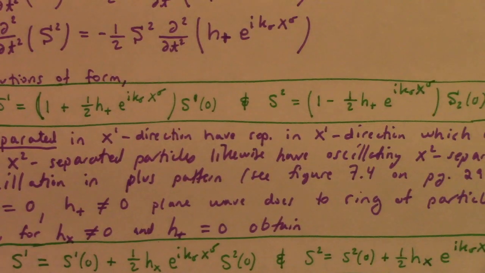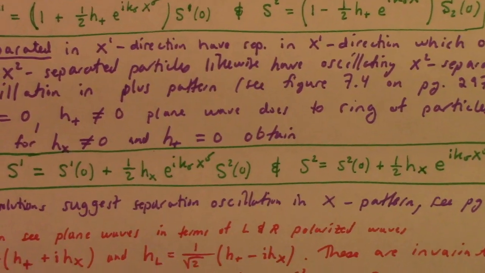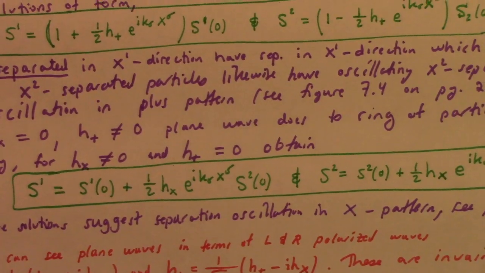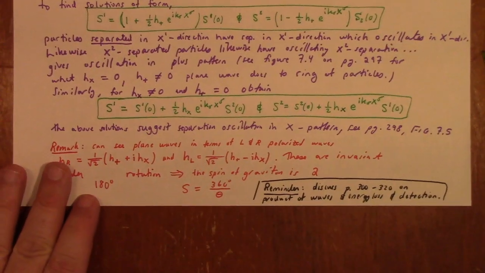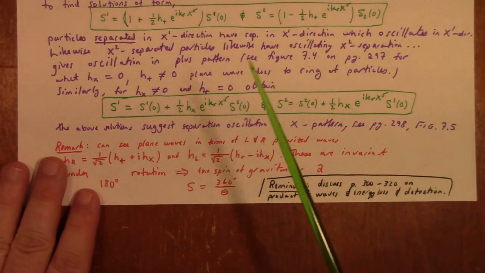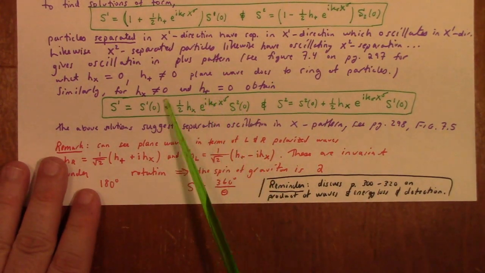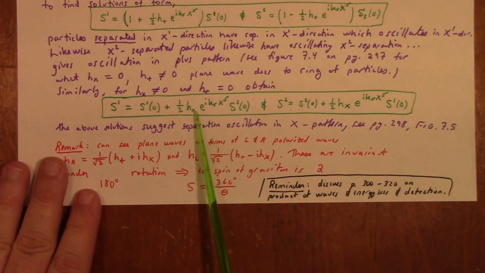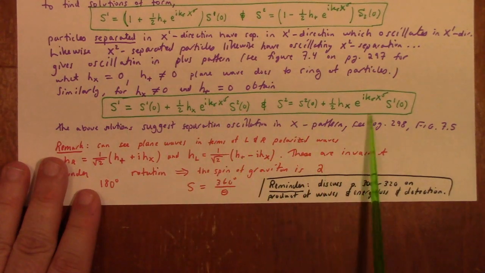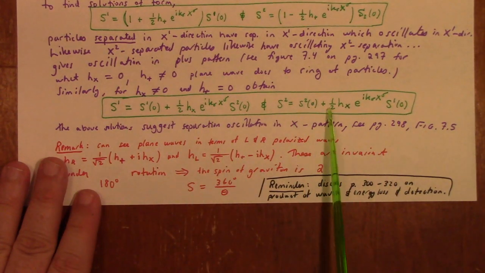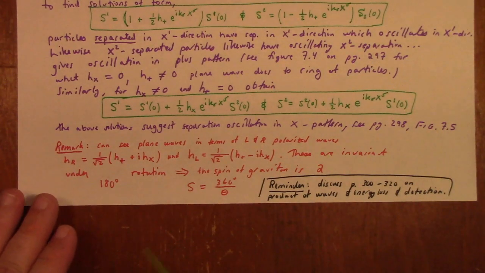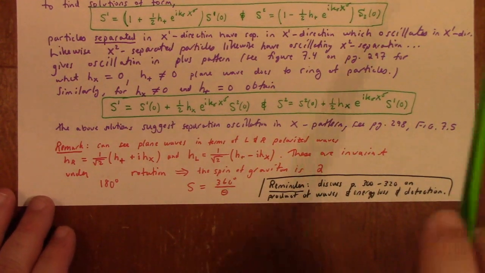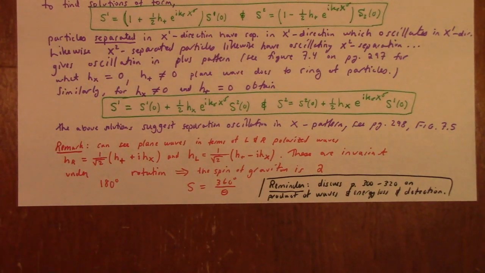All right, and then on the flip side of things, you could also do this, but put the H plus be 0 and the H cross not be 0, and you get this time oscillation from 1 to 2 and from 2 to 1. And so it's oscillation kind of along an X. All right, and he has pictures for that as well, which I will show you.